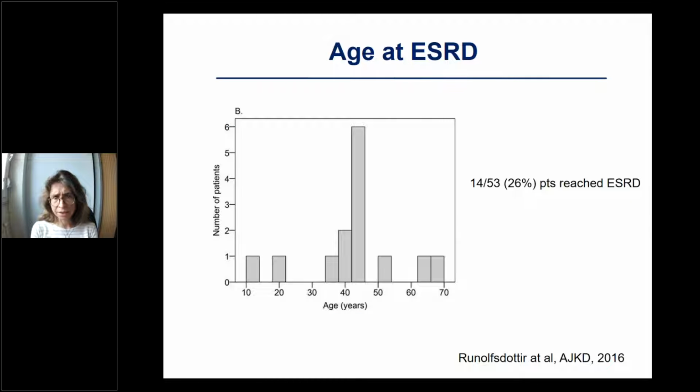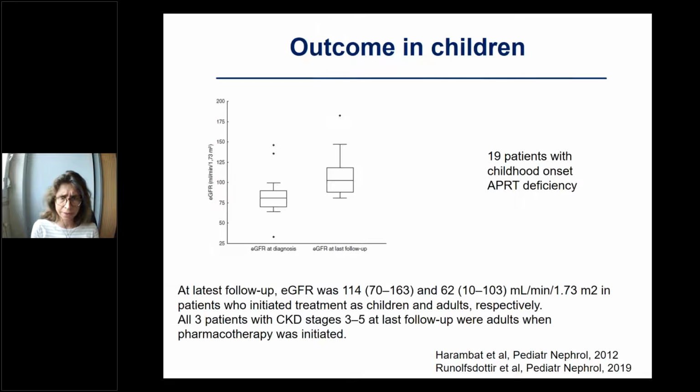The age at end-stage renal disease, here in this other series from Iceland, is around 40 years, but patients can reach end-stage renal disease at a very different age. In this series, 26% of the 53 patients reached end-stage renal disease. So it is a rare but very severe disease.